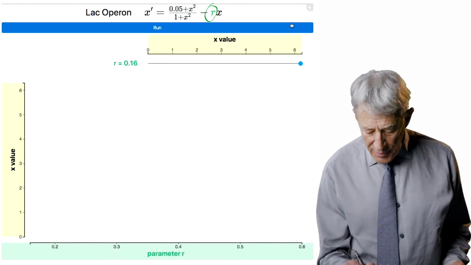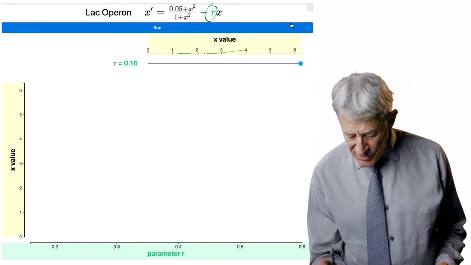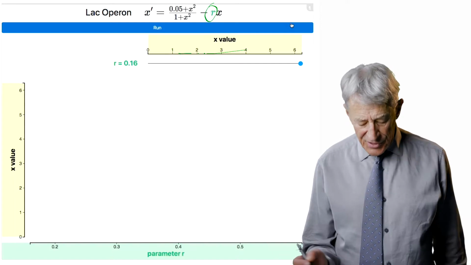Now, up here, we're showing you the state space, the X state space.